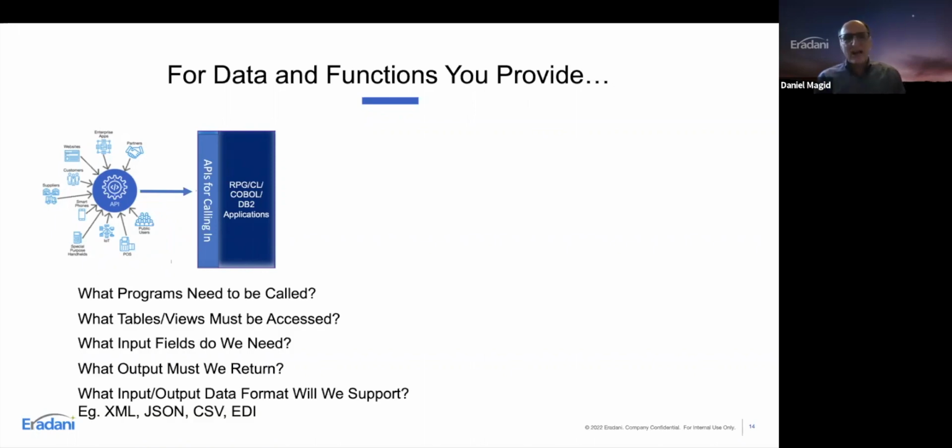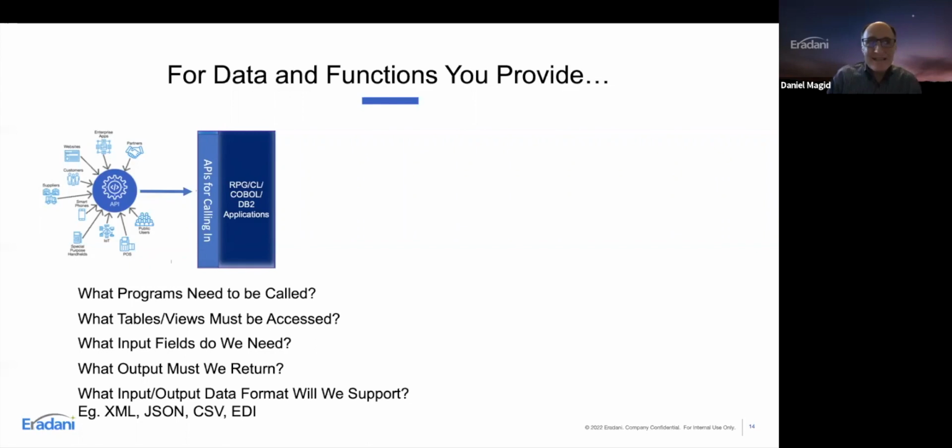If I'm going to provide an API, what programs are going to need to be called in order to get the user the data they need? What tables or views, or what physical files, logical files, am I going to have to make available to get that information? What input fields are we going to require from them? So what do they have to send us? And then what are we going to send them in return? What kind of output data is going to come out of it?